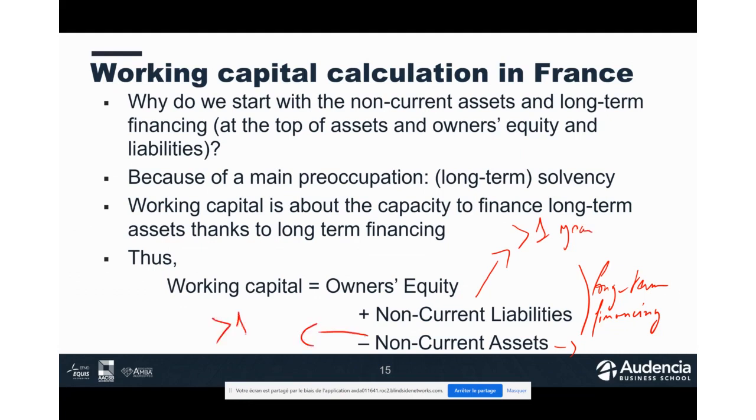So normally, if you have an investment for a property, plant, equipment, you will depreciate during 10 years. You should finance this property, plant, equipment with a debt, maybe with a debt repaid over 10 years. So normally you finance what you need for the long term with a long-term financing. And the equity is considered as long-term financing because you will not repay the shares to the shareholders.